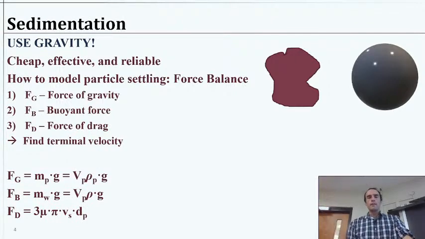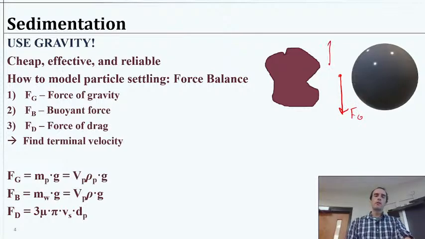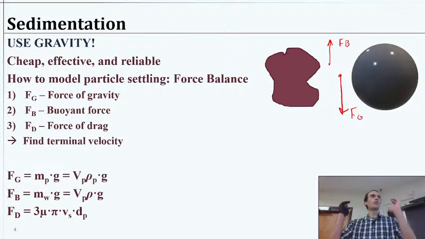Using gravity is definitely a physical process, and what we'll see if we think about it is we'll have some force of gravity that will be opposed by some buoyant force. So how much mass of water are we displacing? If you've ever tried to take a beach ball and submerge it underwater, you've encountered a buoyant force, right?